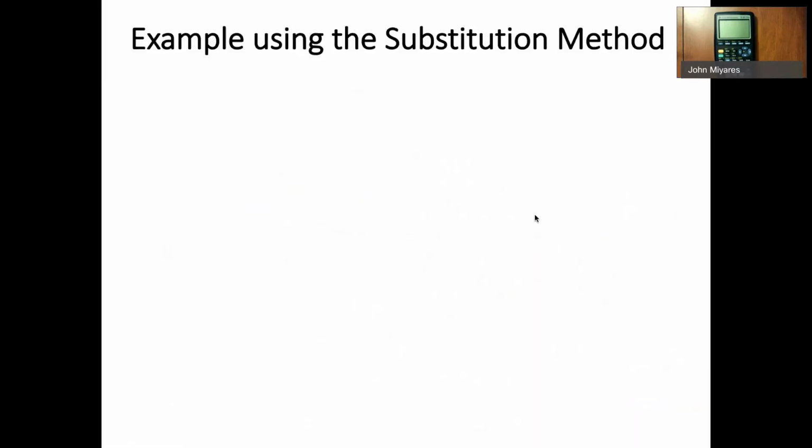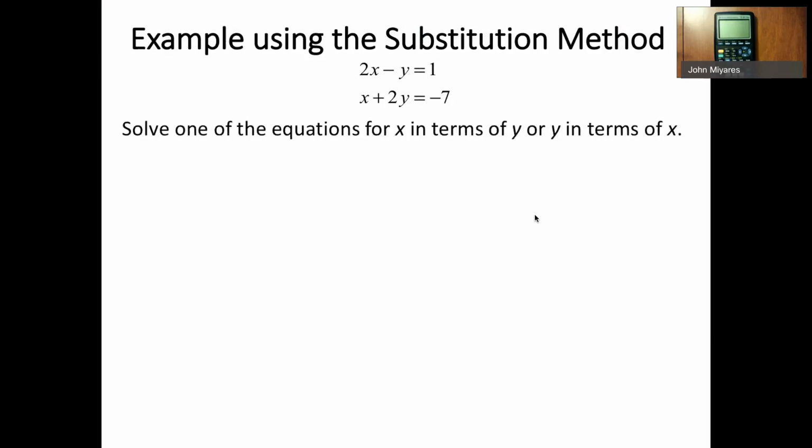Now let's do an example involving the substitution method. The equations I'm working with in this example are going to be 2x minus y equals 1 and x plus 2y equals -7. As I mentioned earlier, the first thing you'll need to do is solve one of the equations, either for x in terms of y or y in terms of x.